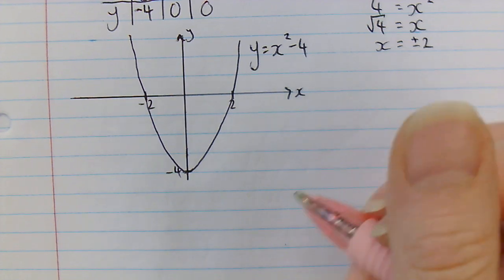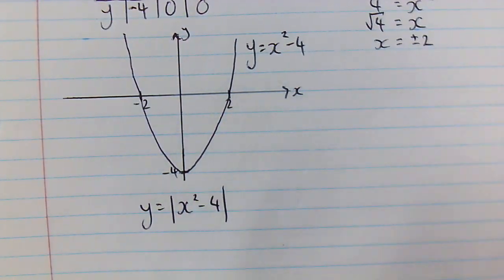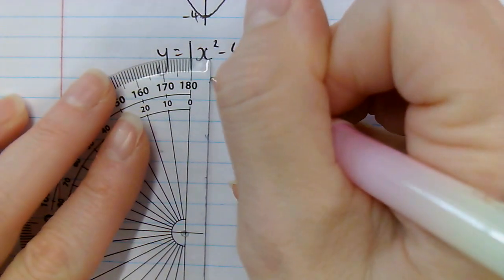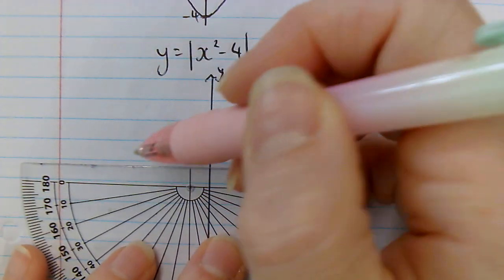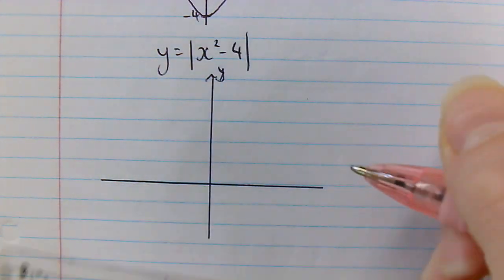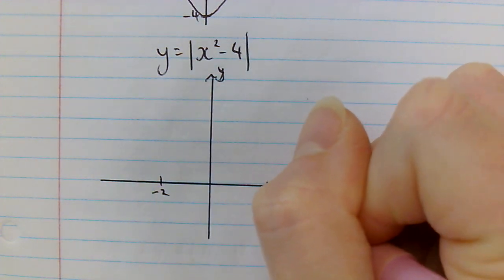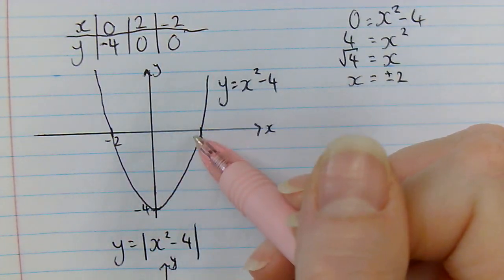So now I want to do y equals the modulus of x squared minus 4, so I'm going to do a new set of axes. What you should notice from what we've already done is that it's still going to go through minus 2 and 2, but anything below the x-axis gets reflected up.